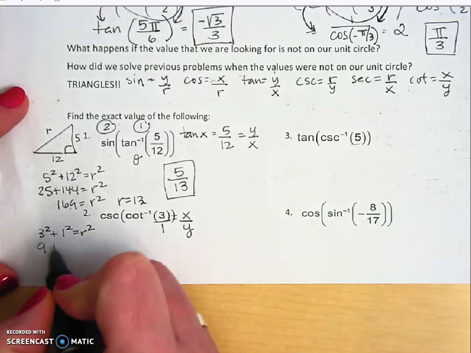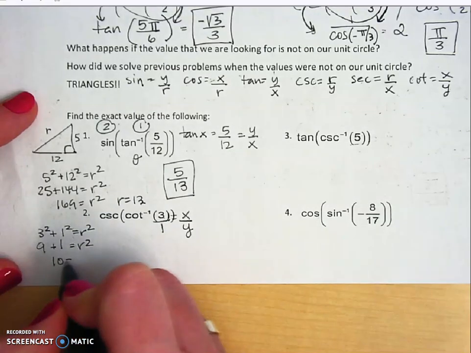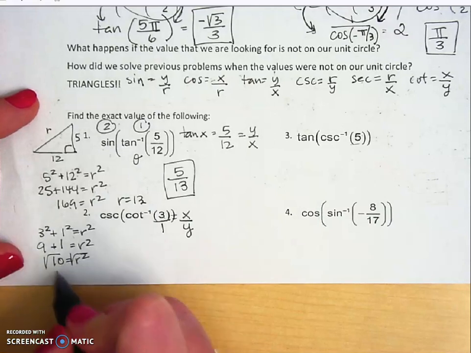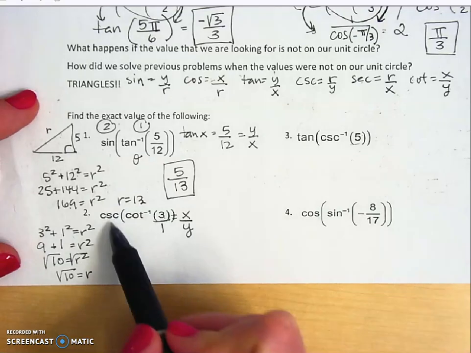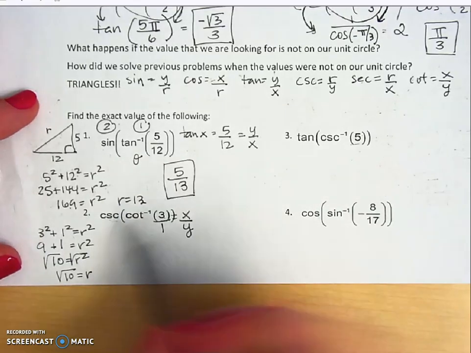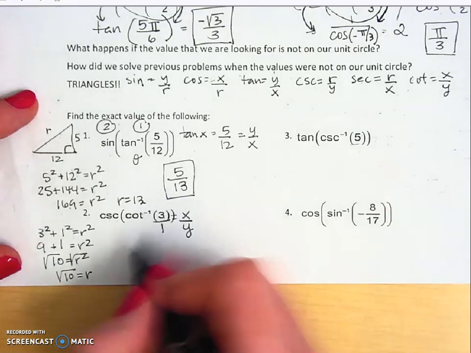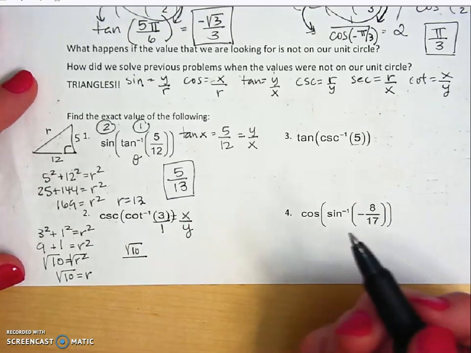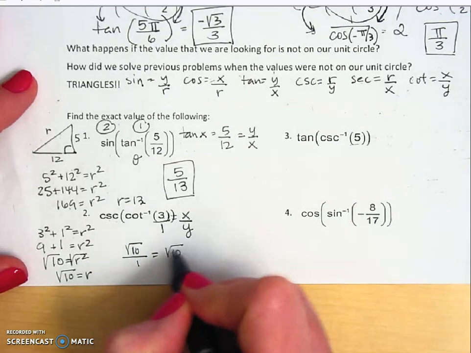That is 9 plus 1 equals r squared. 10 equals r squared. Square rooting both sides gives me the square root of 10 for r. Now taking the cosecant ratio, cosecant is r over y. We just solved for r is rad 10. Remember, we talked about in the last unit, r is always positive. So rad 10 over 1 or just rad 10.